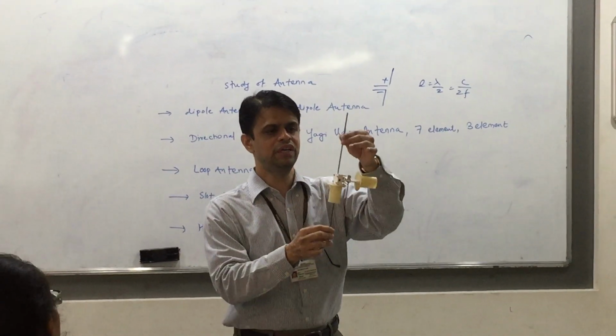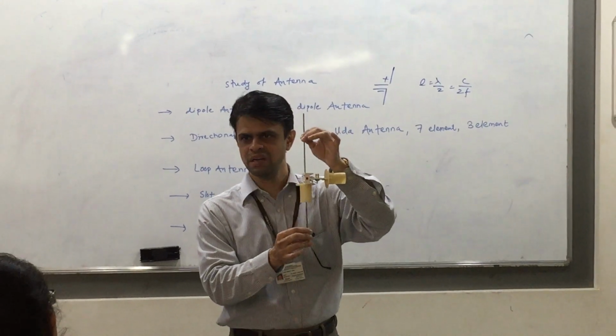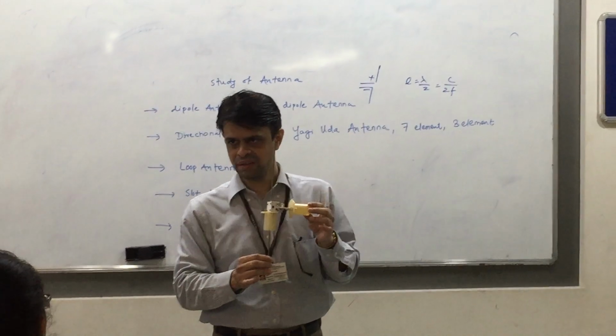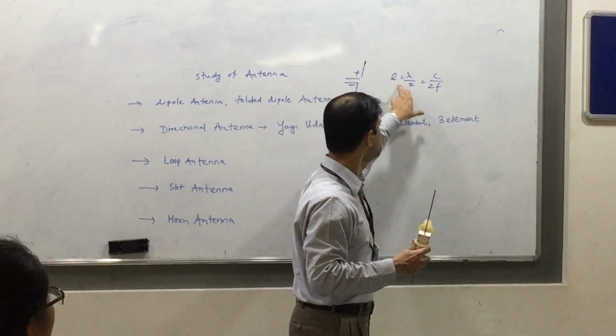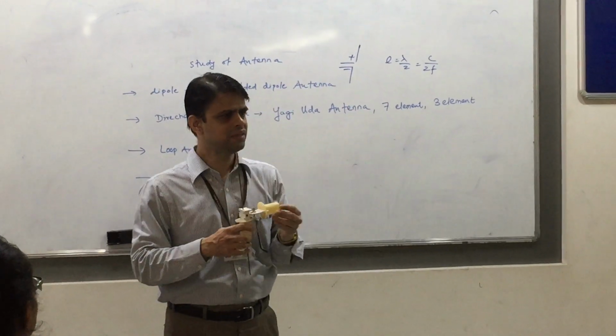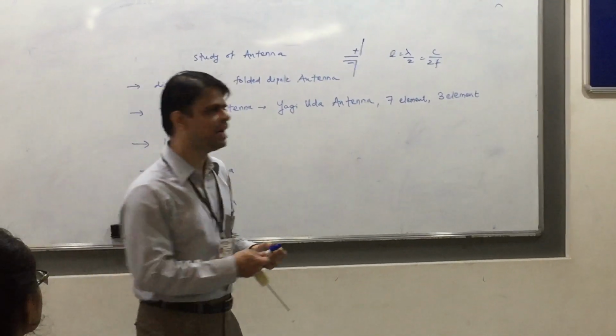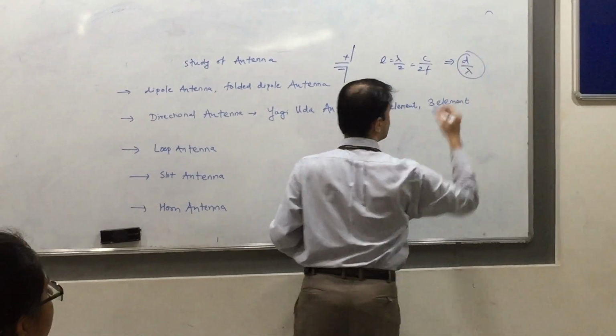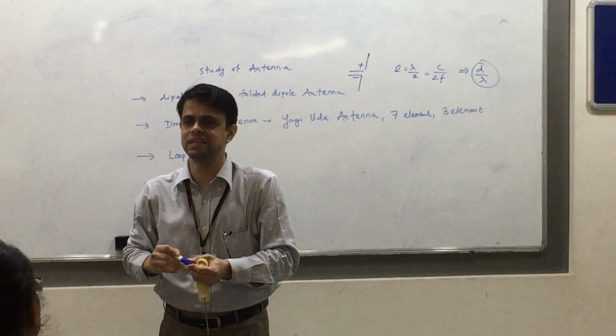So you need to measure this diameter and express that as a function of the operating wavelength. Right? So whatever frequency you are calculating here, that F, convert it to lambda, then express D by lambda. Express D by lambda. So you are making it more generalized.